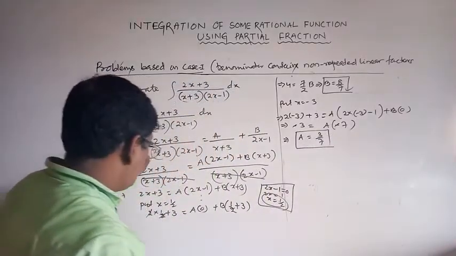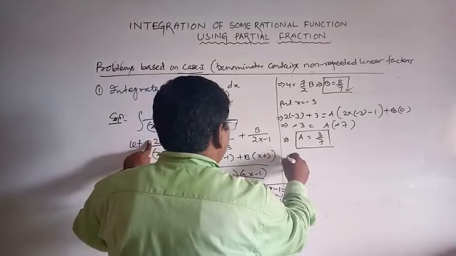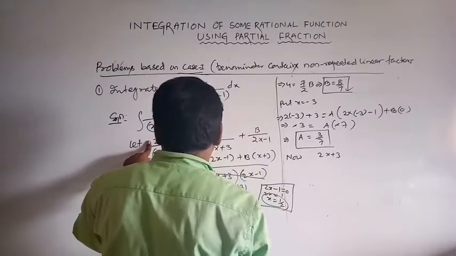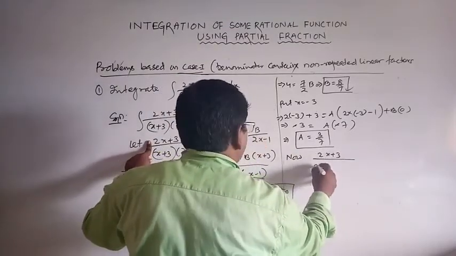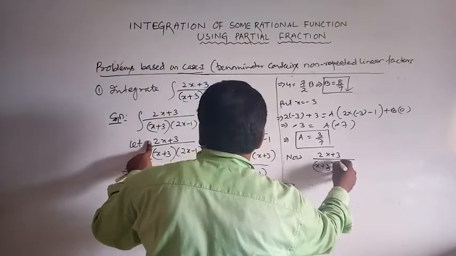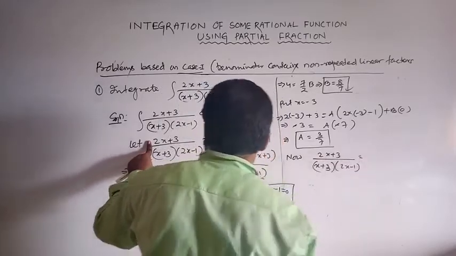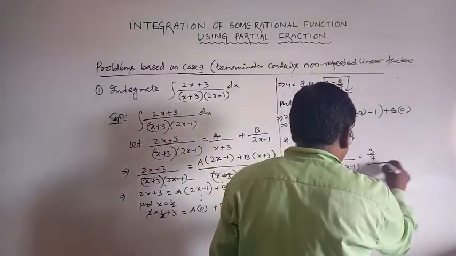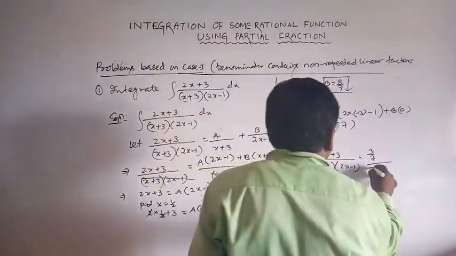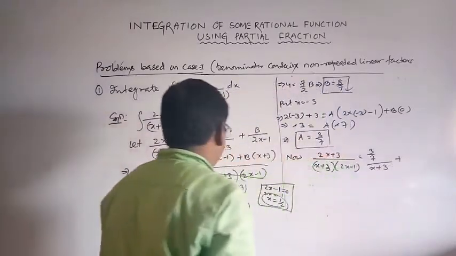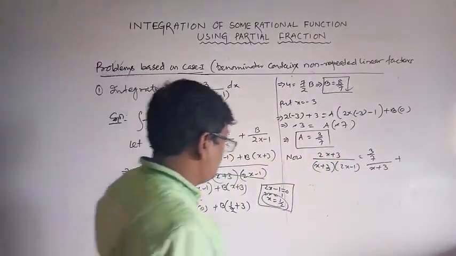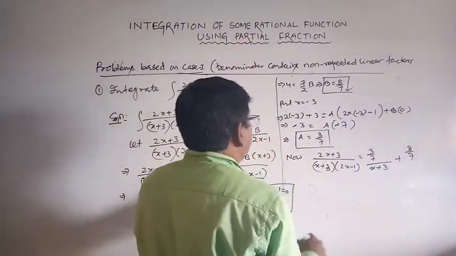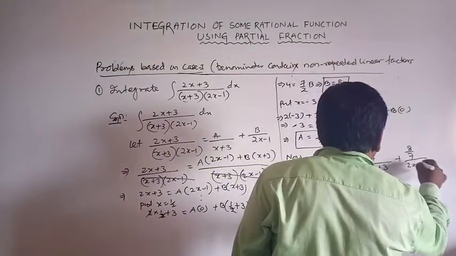Now the integrand (2x + 3) divided by (x + 3)(2x - 1) is equal to A by (x + 3) plus B by (2x - 1), which is 3 by 7 into 1 by (x + 3) plus 8 by 7 into 1 by (2x - 1).